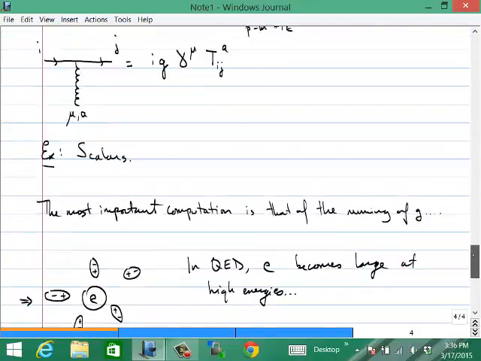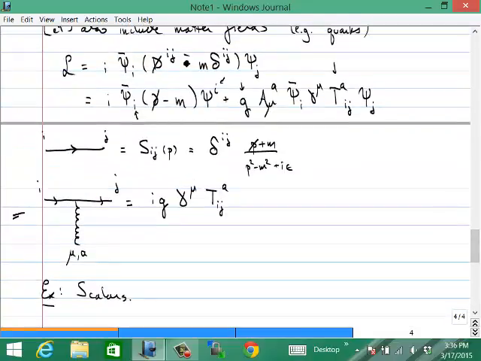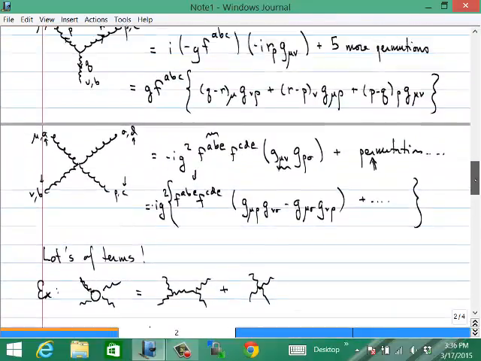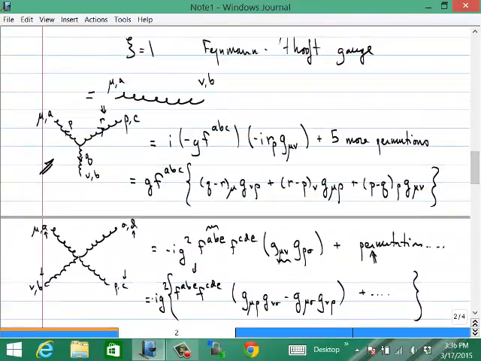The presence of this interaction vertex here reflects the fact that your fermion field has charge, but you also have this vertex here, that reflects the fact that a gauge boson has charge. It's a charged object. It transforms in a particular representation of the gauge group, just like your matter fields do.